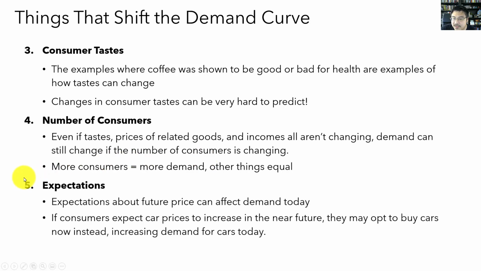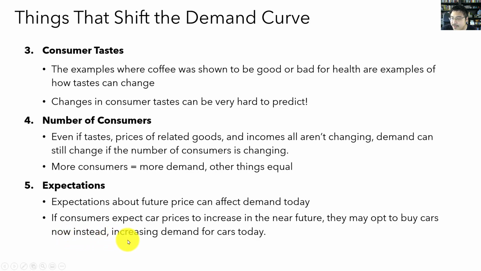And finally, the fifth thing to always remember is that people's expectations about the future can also affect their demand, right? And I'll just give you one example of how that might happen. If consumers expect car prices to increase in the near future, then they may opt to buy cars now, to buy before the prices increase.